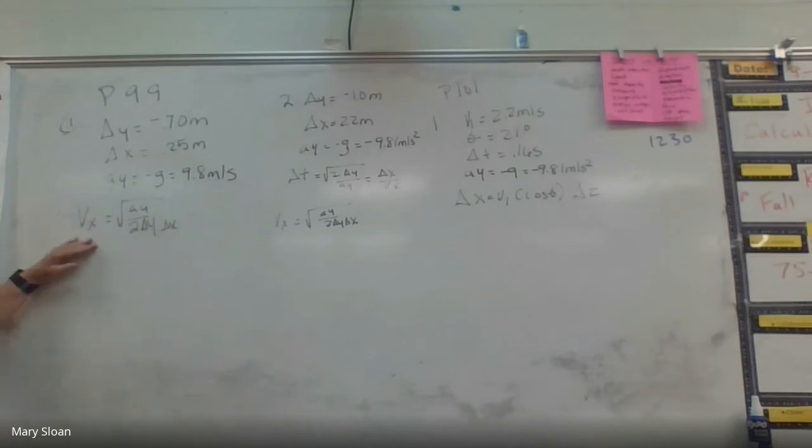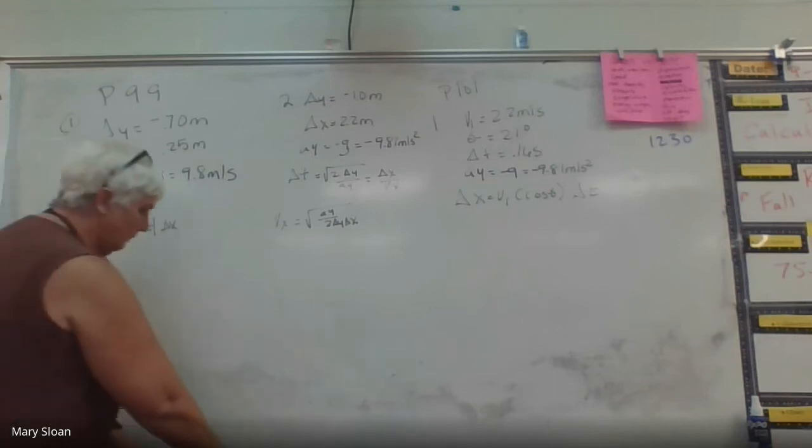The formula that we're going to be using is the velocity of our x position, correct? So we're going to do square root. Let's fill this in.